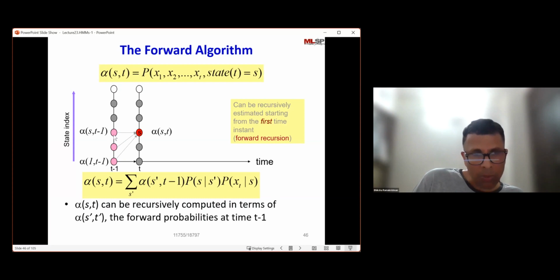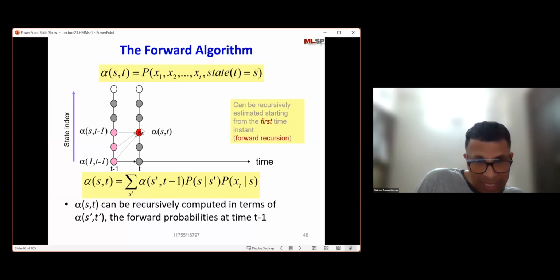So the probability of being in this state at time t minus 1 is the probability of all state sequences that ended in this state and all observations until here. So that's going to be alpha S,t minus 1. Let me call these 1, 2, 3. So this is alpha 3,t minus 1. Similarly, the probability of being in this state at time t minus 1 is alpha 2,t minus 1. This is alpha 1,t minus 1.